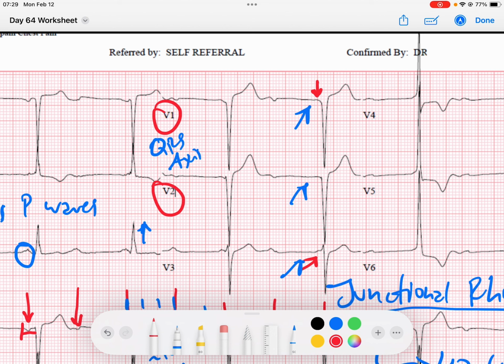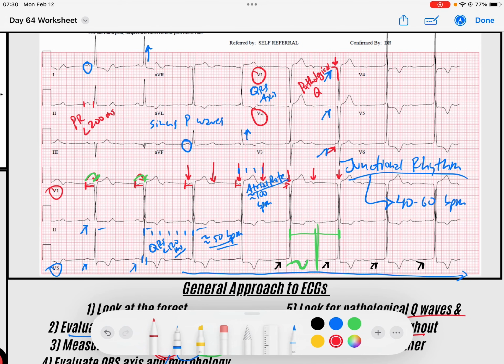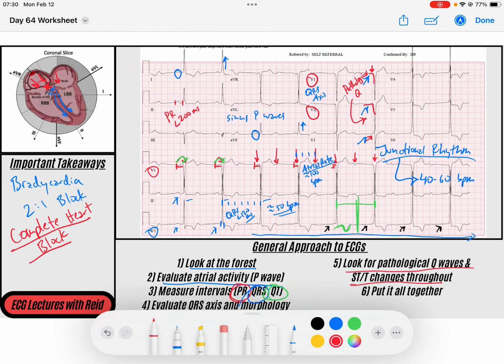Since the initial deflection is down, where we go from flat to down and it goes deep, these are pathological Q waves. So that tells me, since it's in the distribution of these septal leads, this person has had a prior septal infarct.